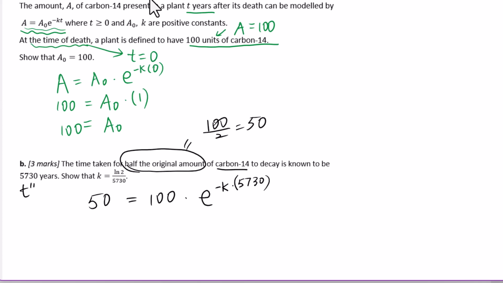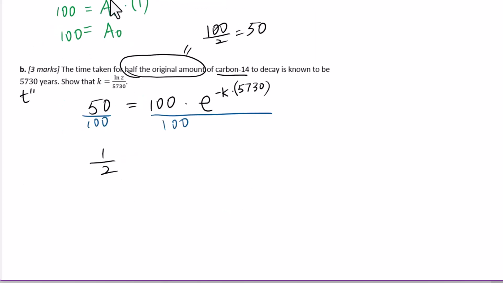We need to isolate this power first. Divide by 100 both sides. 1 over 2 equals e to the negative k times 5,730. Then we take natural log both sides.